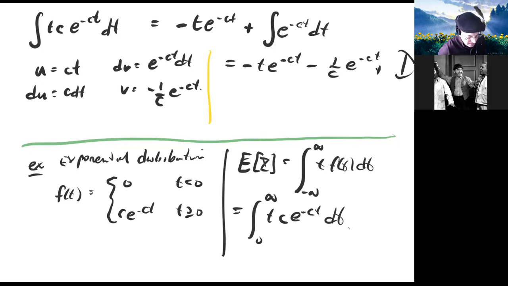Okay, so that's the indefinite integral. Now we have to take the indefinite integral and evaluate it. Remember, going back to the improper integral that we're interested in, we have to calculate the limit as some variable x goes to infinity of the integral from 0 to x of t e to the minus ct dt.